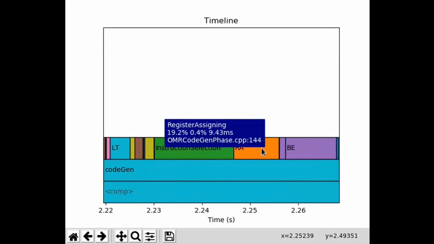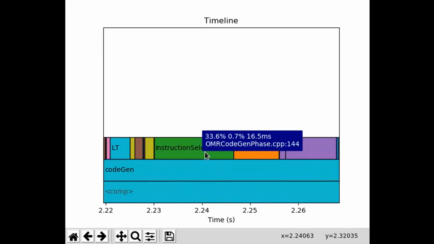And you can see how much time we spent. The instruction selection was 16.5 milliseconds. These percentages here, that's the percentage of the parent, and then the percentage of the overall total amount for the compilation.